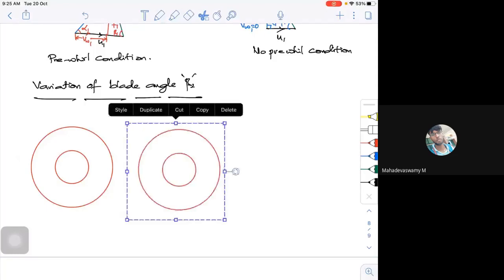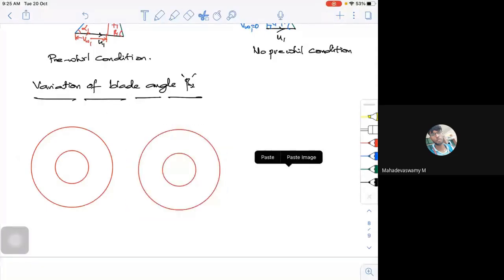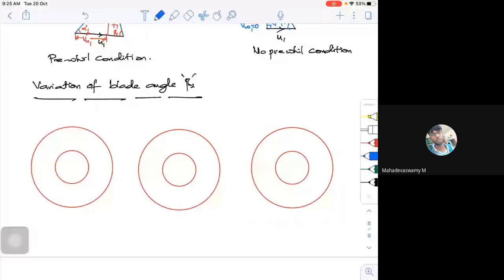Three different conditions: one being beta 2 less than 90, the other being beta 2 greater than 90, and the other beta 2 equal to 90. Suppose I have a condition where beta 2 is less than 90. Then what will happen to your blade? The blade will be twisted in this direction.